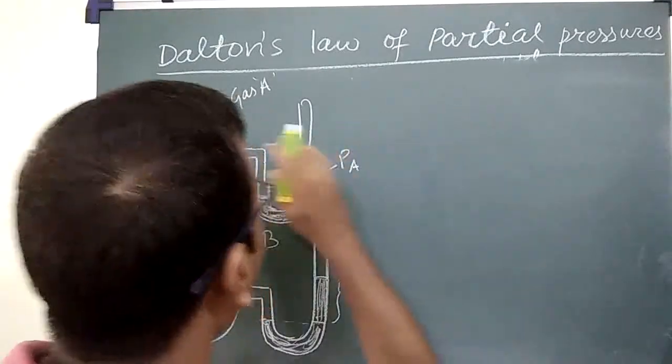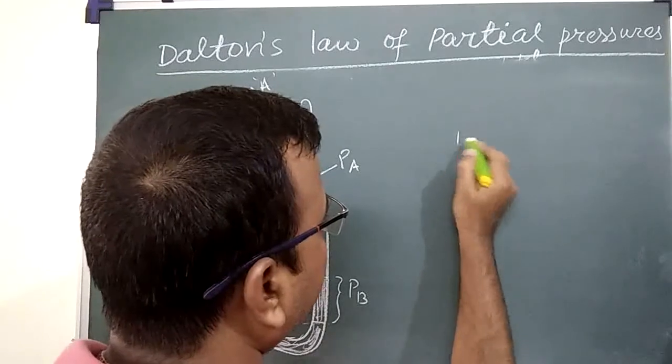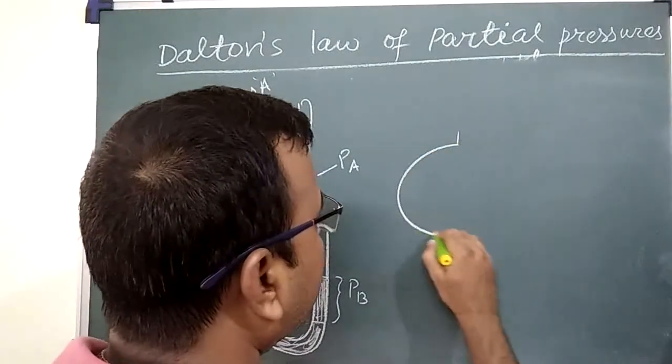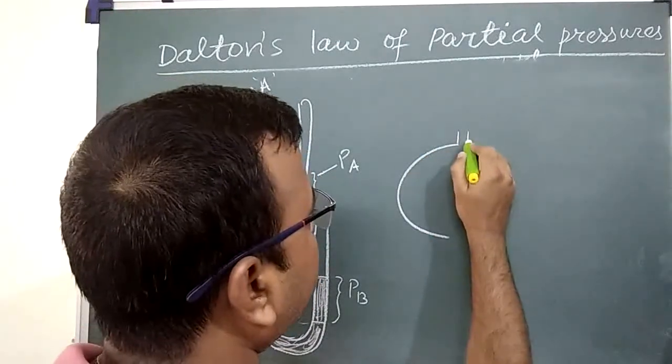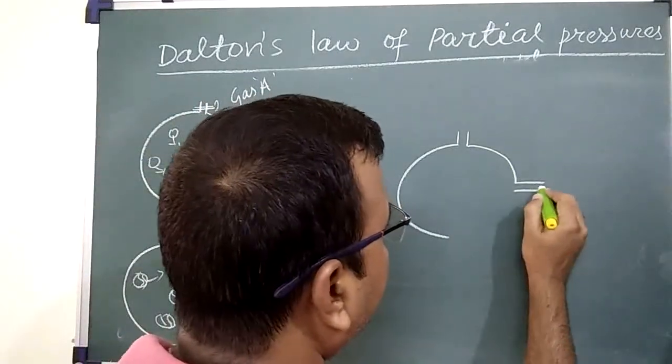Now again you see, we are going to mix A and B in the same manometer. Then what would be the pressure of the mixture? So, Dalton's law of partial pressure.